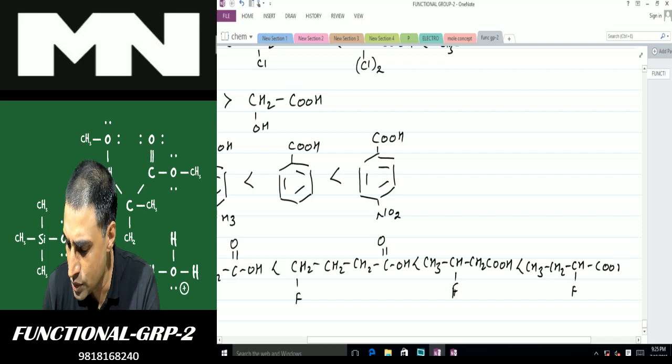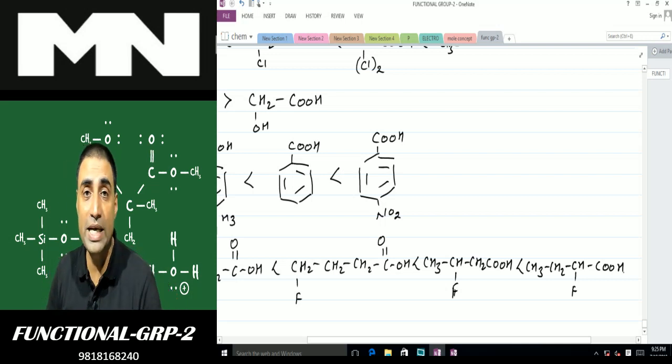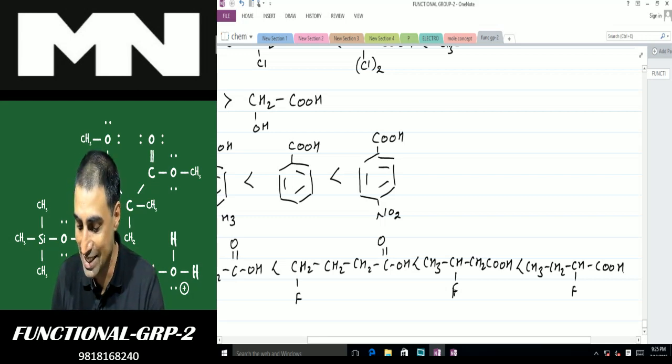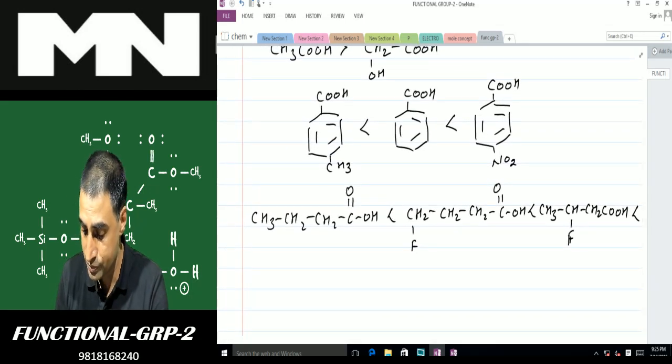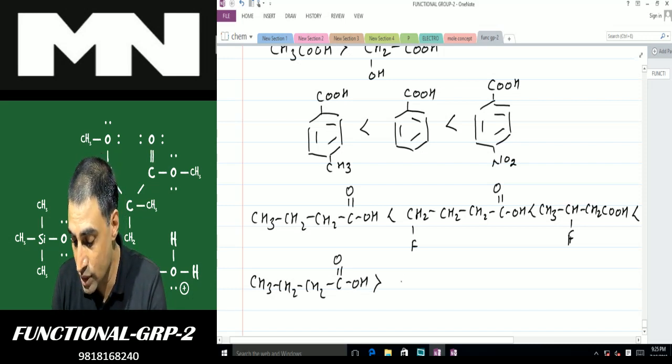So what you can conclude from here, that the closer the proximity of the group to the carboxylic group, the more will be its minus I effect, more prominence will be of its minus I effect, and higher will be the acidic character. Likewise, if I talk about an electron donating group, in that case I can say that butanoic acid is more acidic than 4-hydroxybutanoic acid.